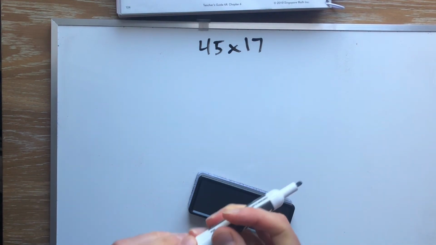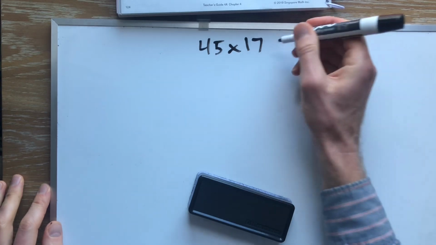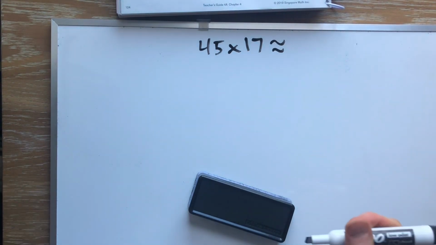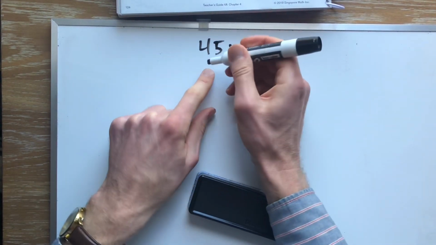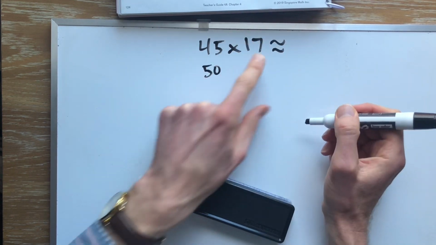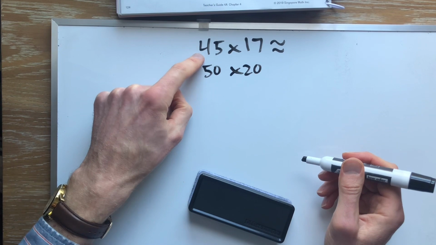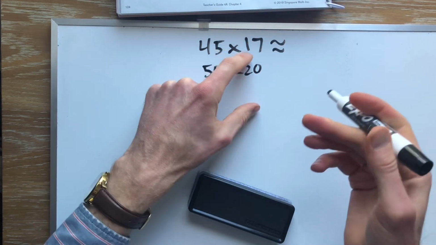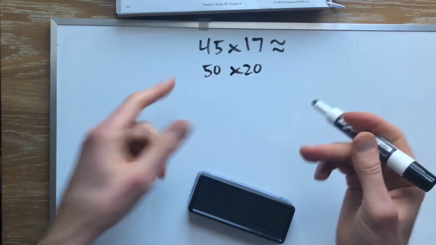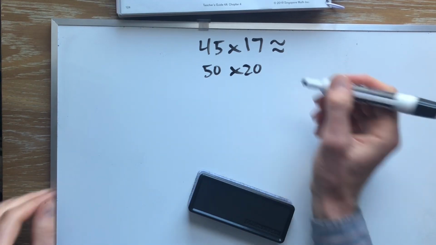So first let's get our estimate so we know about what it's going to be. What do we think it's going to be about? Well, I'm just going to round these. I'm going to say 45 is about 50. 17 is about 20. So I'm just kind of rounding. The 45 is closer to 50 than 40. 17 is closer to 20 than 10. So I'm going to just round them to those, and then we'll get our estimate.